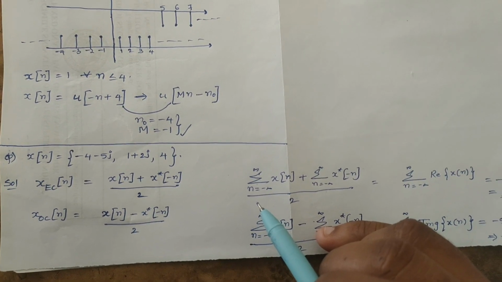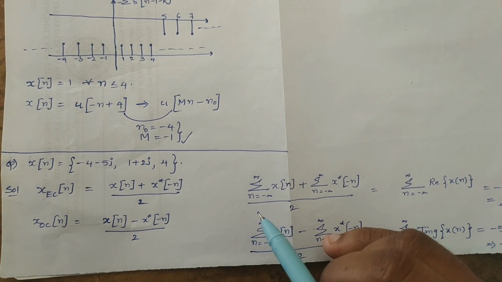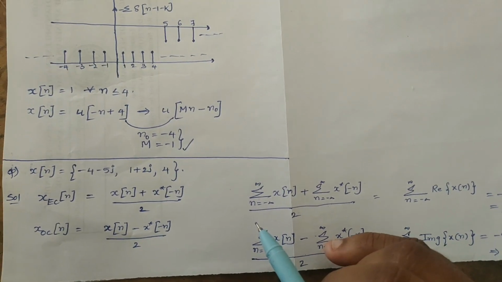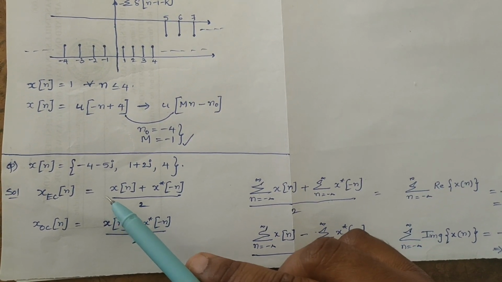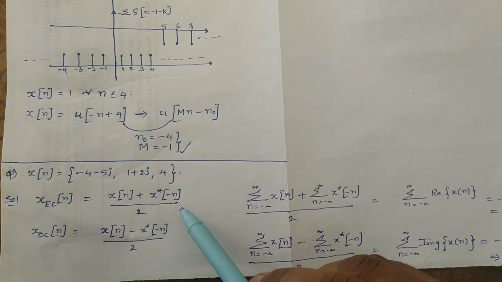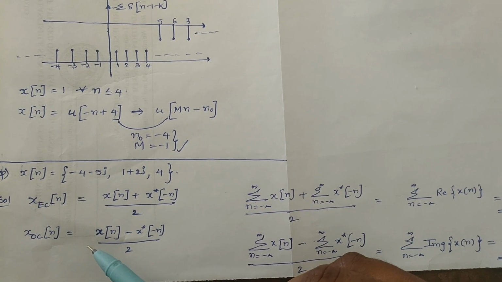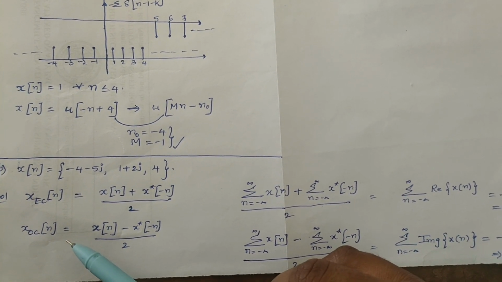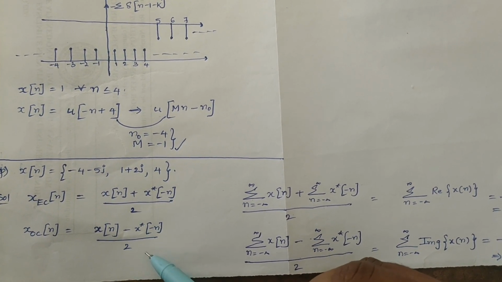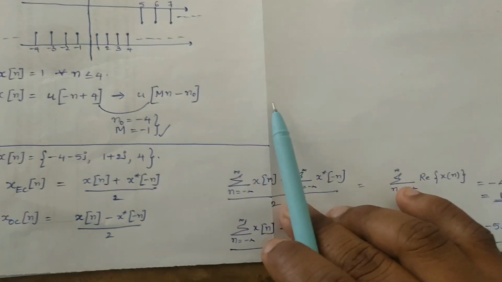from n is equal to minus infinity to plus infinity of x of even conjugate and odd conjugate. You can say x of even conjugate is a symmetric function, x of odd conjugate is an antisymmetric function. Even conjugate you can write as x of n plus x conjugate of minus n by 2. Odd conjugate you can write as x of n minus x conjugate of minus n divided by 2.